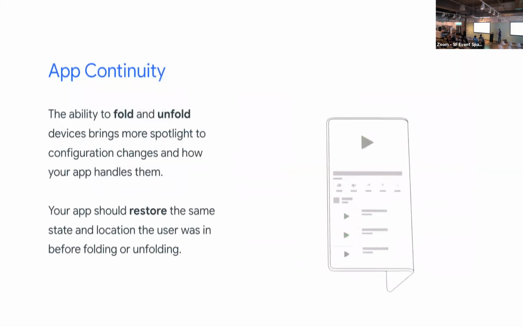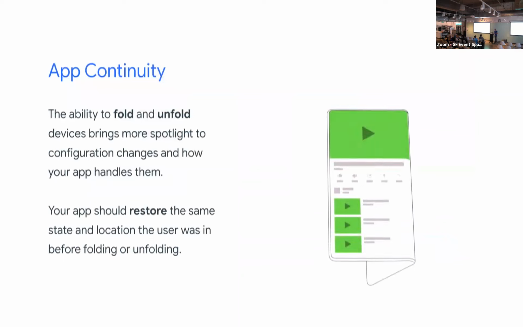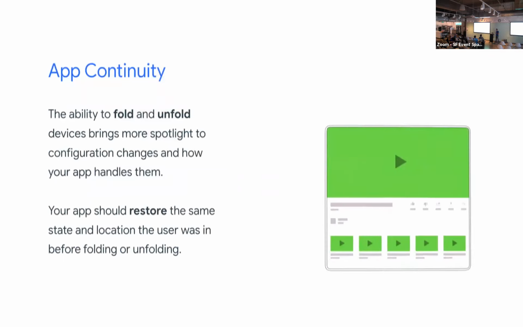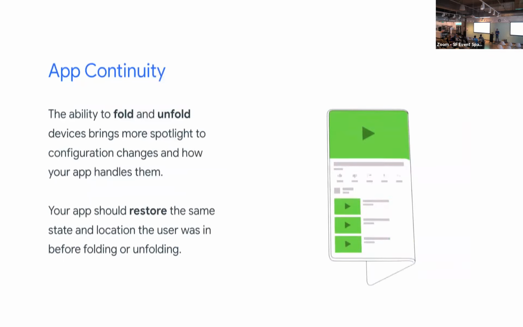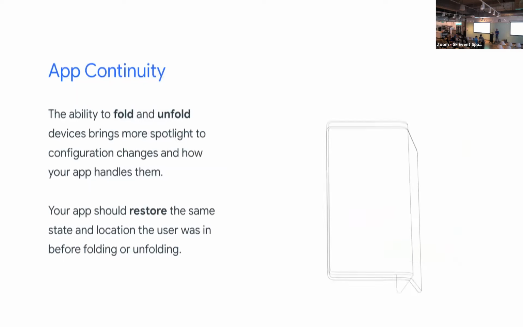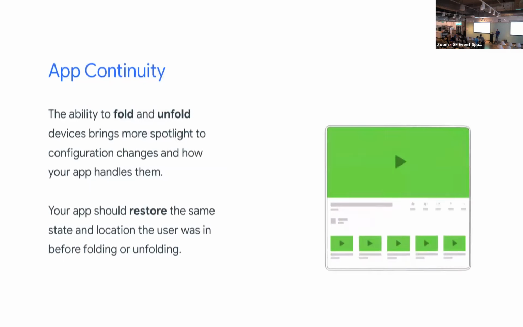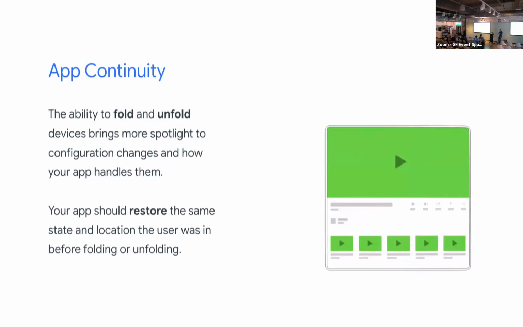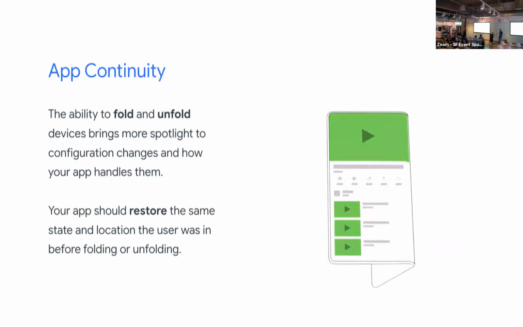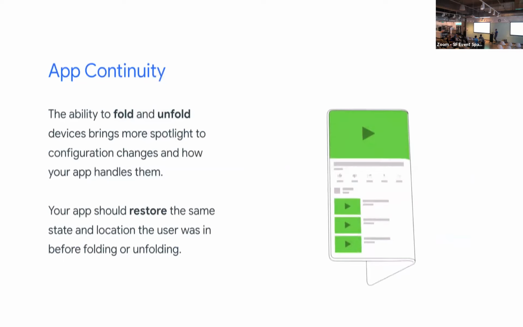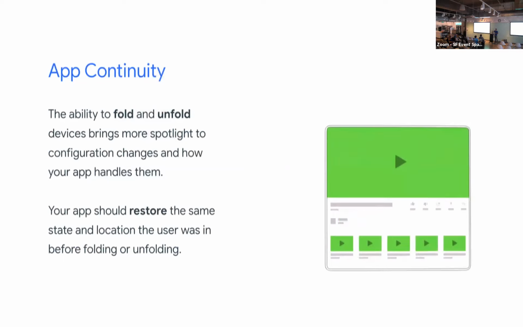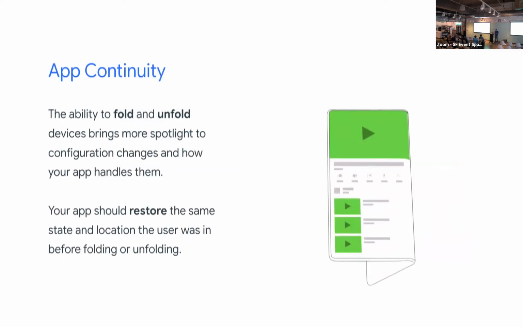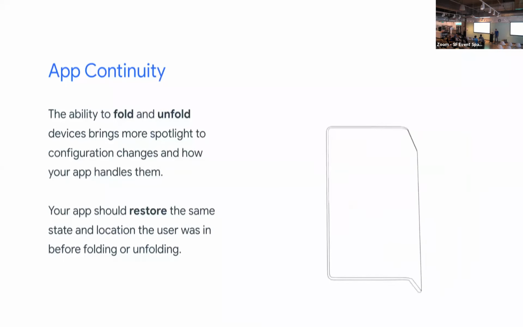To be able to fold and unfold without losing the user state, you need to make sure you handle configuration changes, because every time the user folds the device, your app's window changes configuration. It's not very different from moving your app from horizontal to vertical or the other way.